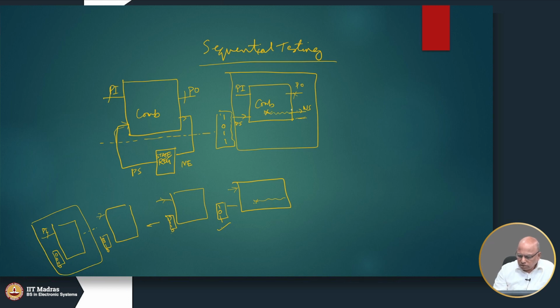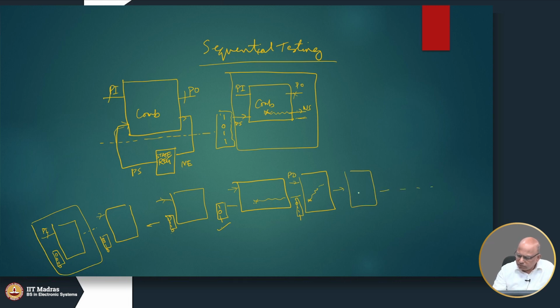So, unfortunately, we have to again continue. This is the next state that we got, maybe it is 0111, right, and this time I apply another primary input, trying to see if I can propagate that fault further. So, many more cycles may be required.